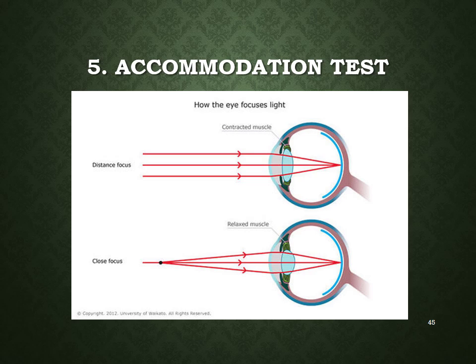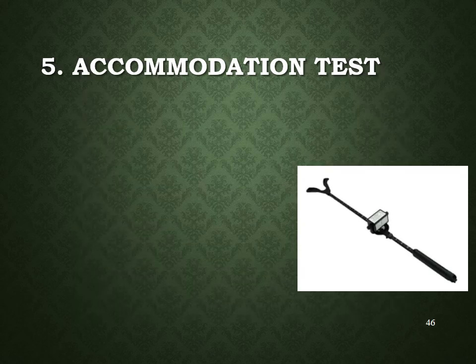This is to make sure that the image on the retina can be seen clearly by the eye. And this process is called accommodation. The accommodation test is the procedure to measure in diopters a patient's ability to change the focus of the eye's crystalline lens in response to an accommodative stimulus.